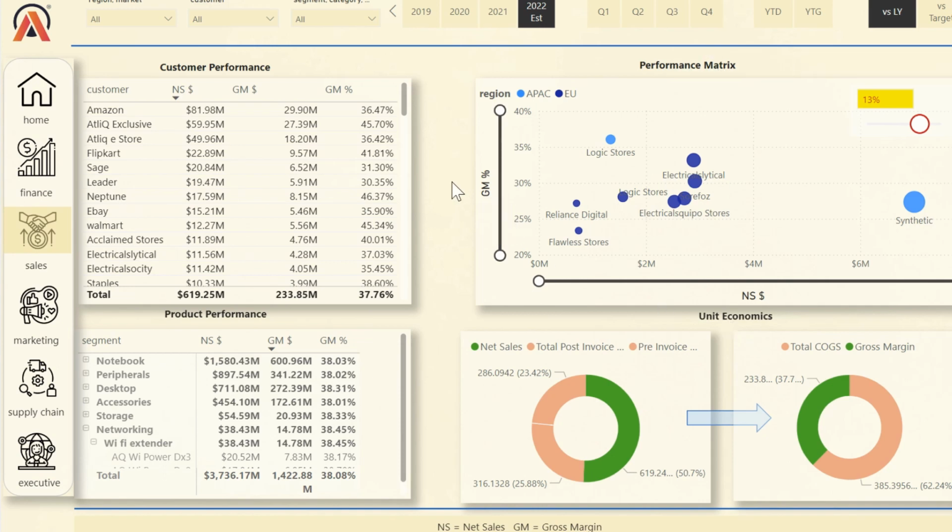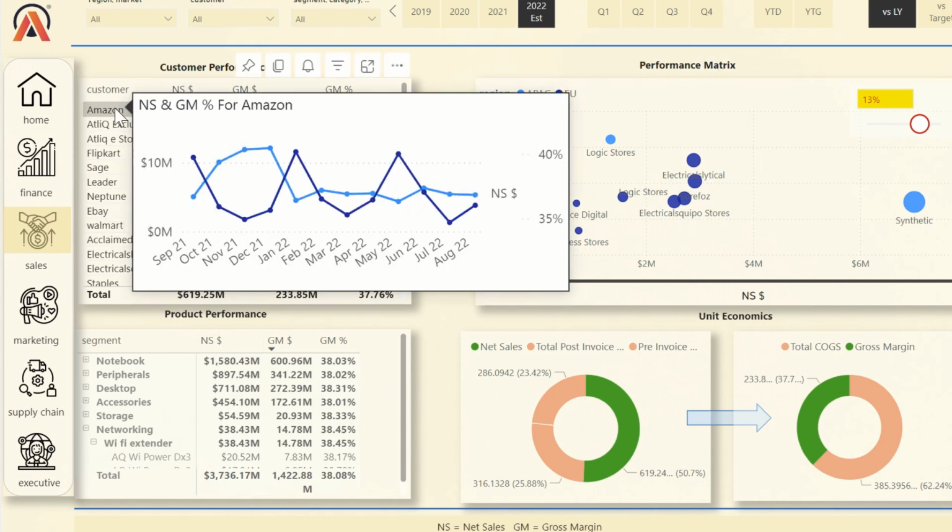So the sales view should basically have the net sales and gross margin as the metrics, and we have to check the net sales and gross margin in terms of customer, in terms of the market, and in terms of the different products. That is what we have done in three of the visuals.